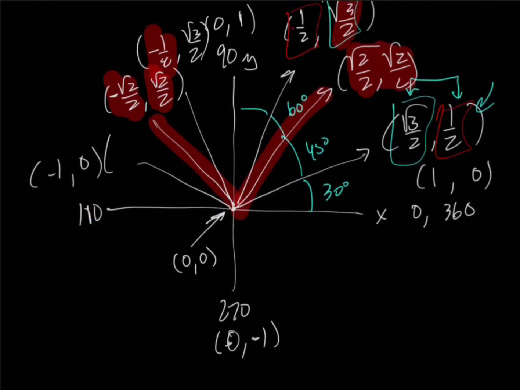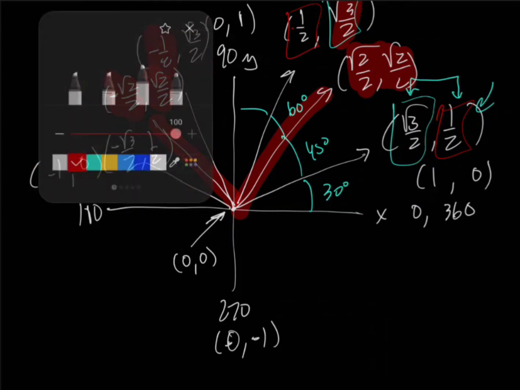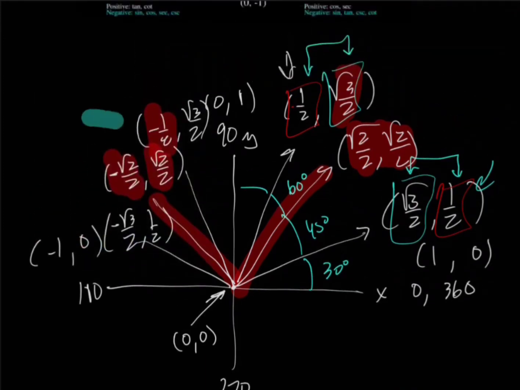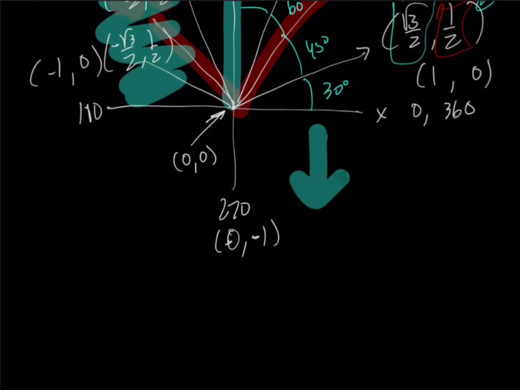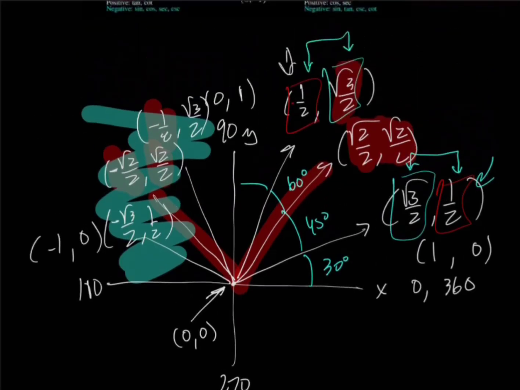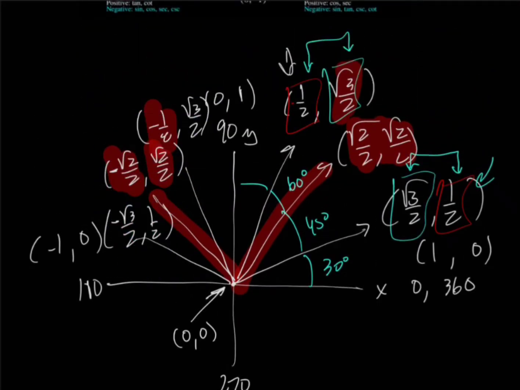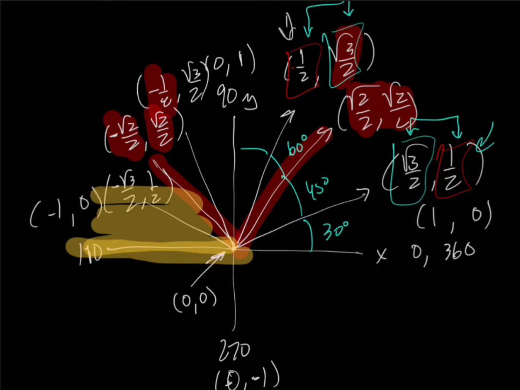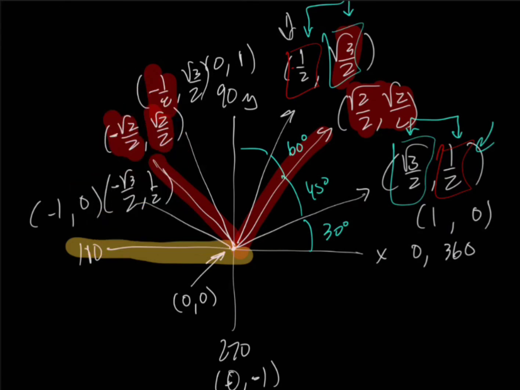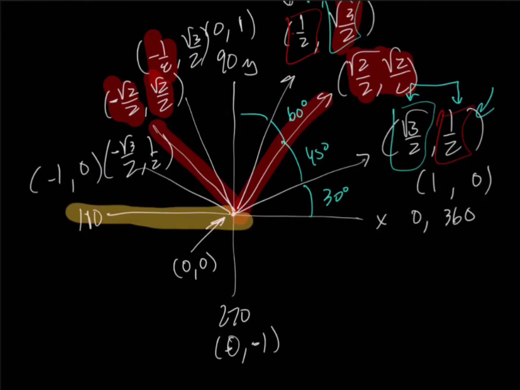Likewise, this one is negative square root of 3 over 2, 1/2. Because, again, we are still in the positive y space. You know, we're above, not below. However, we are in the negative x space because we're on this side to the left. So now we already have half the unit circle done.